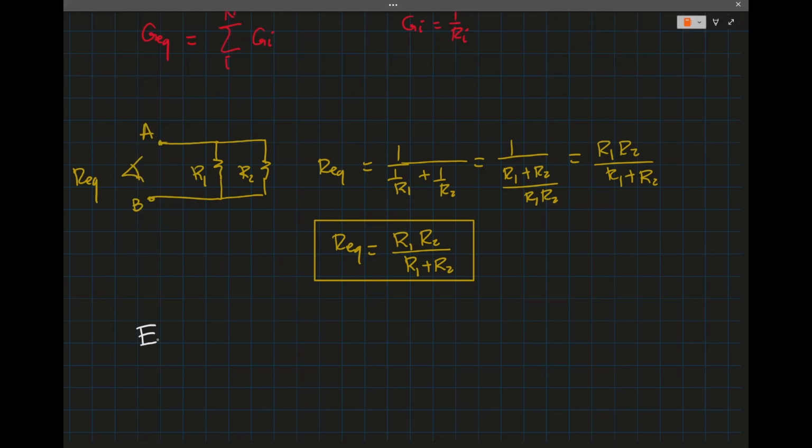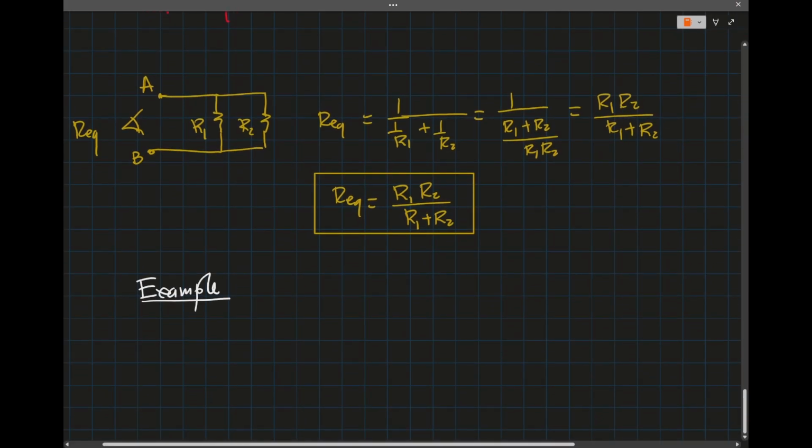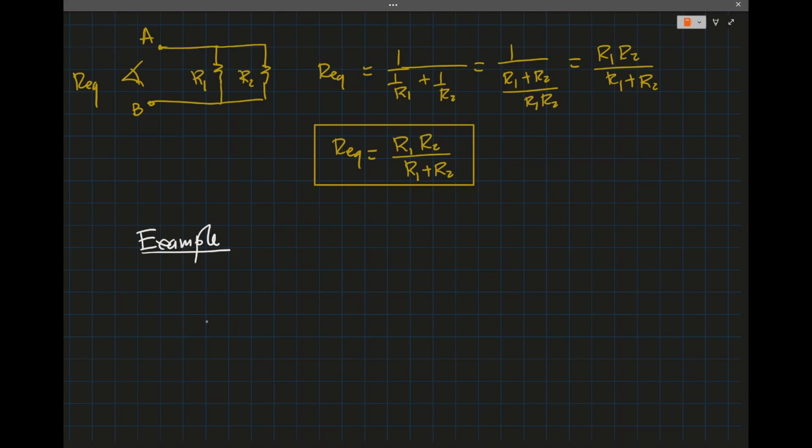So, example. Okay, so you're asked to find the equivalent resistance connected between these two points A and B. So let's say we have the source, which is 120 volts. We have 4 ohms.